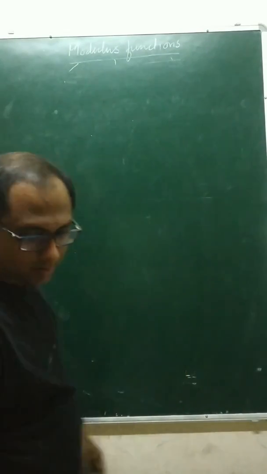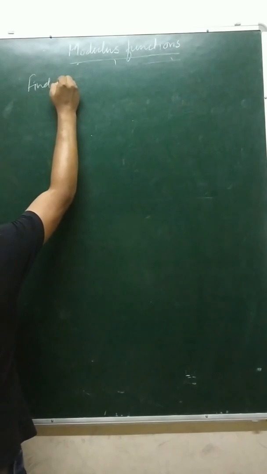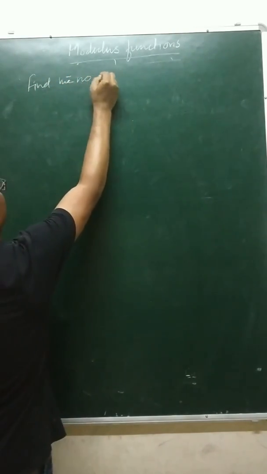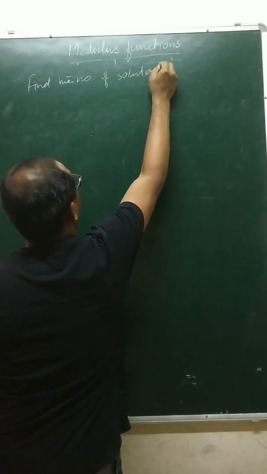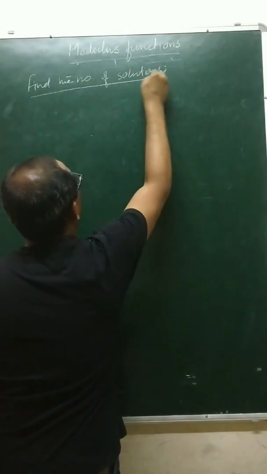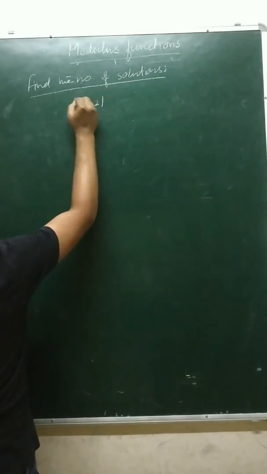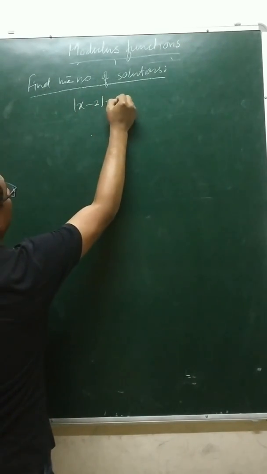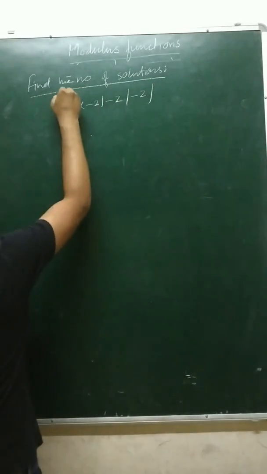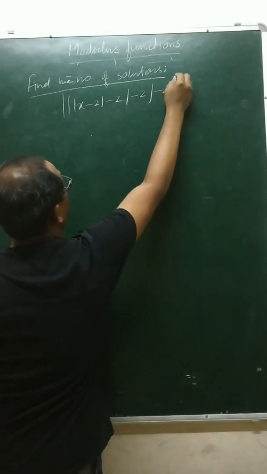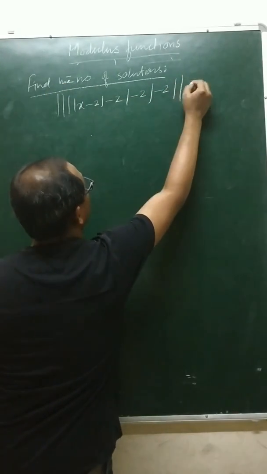Okay, the question is, find the number of solutions of the equation: modulus of modulus of modulus of modulus of x minus 2, minus 2, minus 2, minus 2, equal to 2.